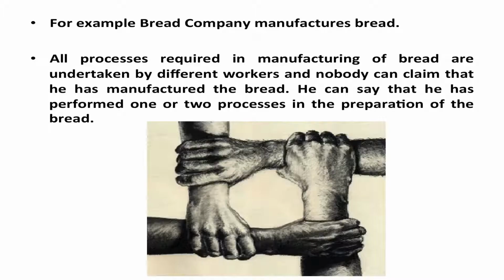The baked bread is cut into appropriate sizes and packed. All processes required in manufacturing of bread are undertaken by different workers and nobody can claim that he has manufactured the bread. He can say that he has performed 1 or 2 processes in the preparation of bread.